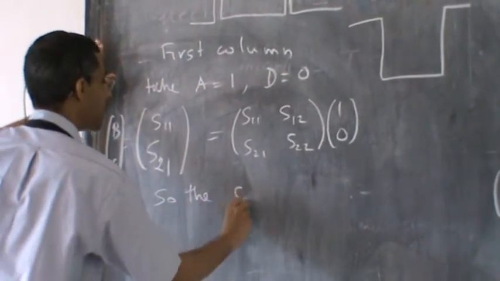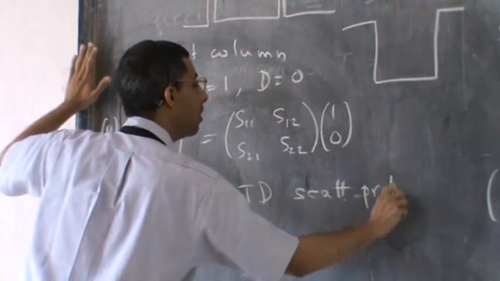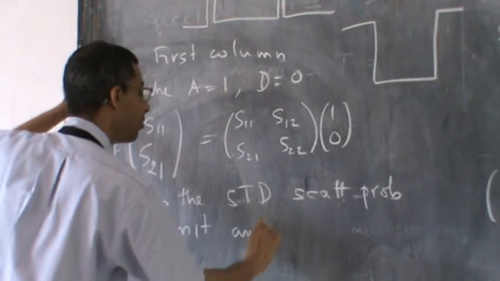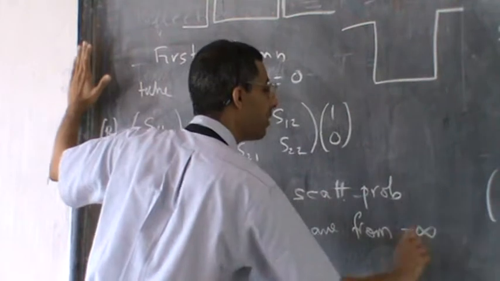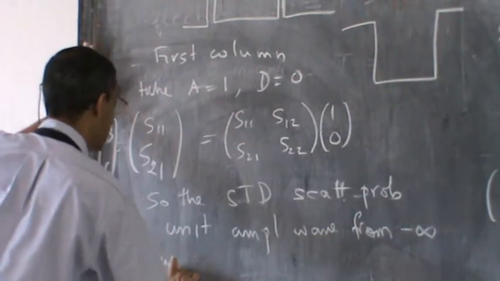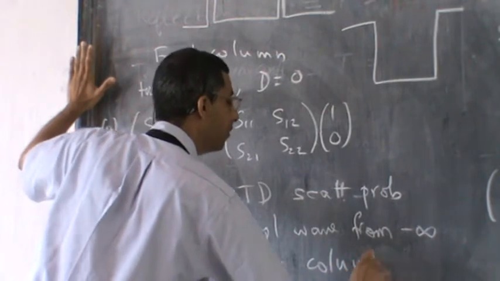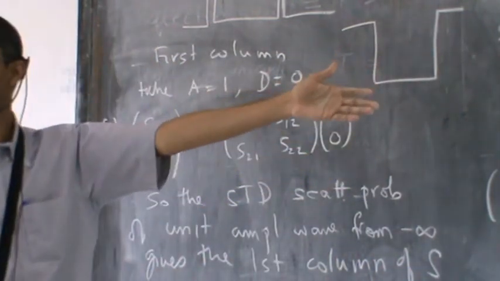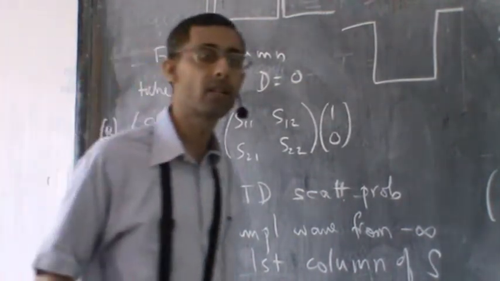So the standard scattering problem of a unit amplitude wave from minus infinity gives the first column of S. This is the problem we solved previously, right? Just take A equal to 1, D equal to 0. That's a standard scattering problem.